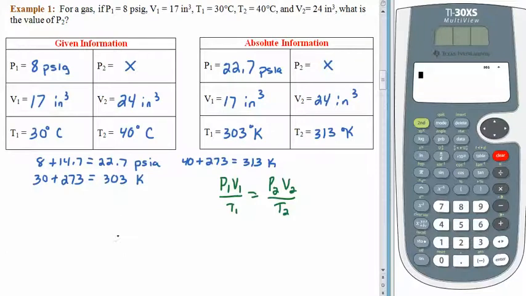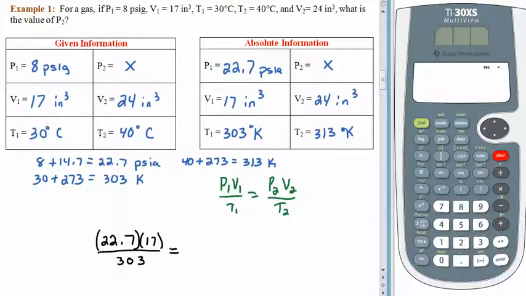Okay, so P1 is 22.7. Start your calculation here in the middle of the page because we're going to do some things on either side of it in just a second. So let's see, 22.7 multiplied by V1, which was 17, all divided by T1, which was 303.